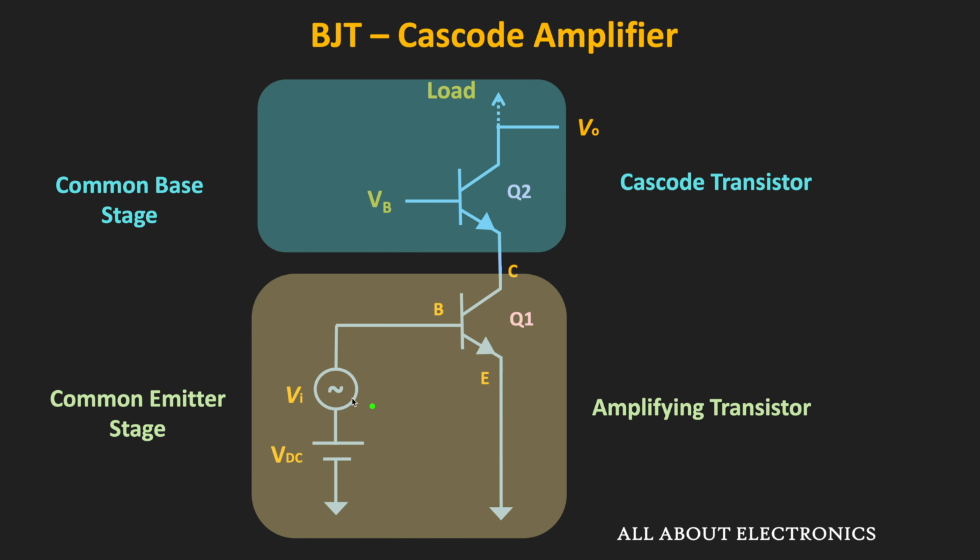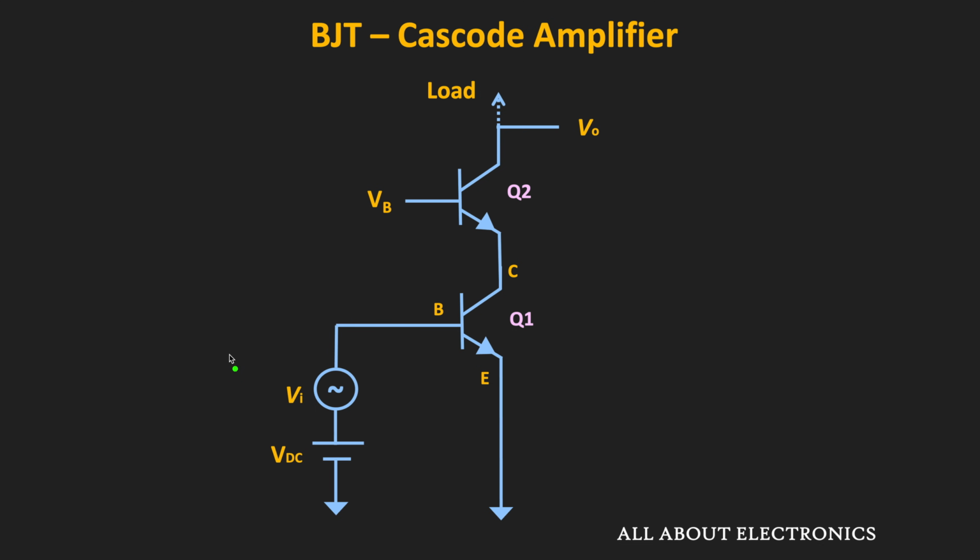As you can see, the output of the common emitter amplifier is given as an input to the common base amplifier, and the overall output of the cascode amplifier is taken at the collector of the second transistor. For the time being, the load is not shown in the figure, but this load can be a resistive load or an active load like a current source. But for the time being, let's say there is some load connected to this cascode amplifier.